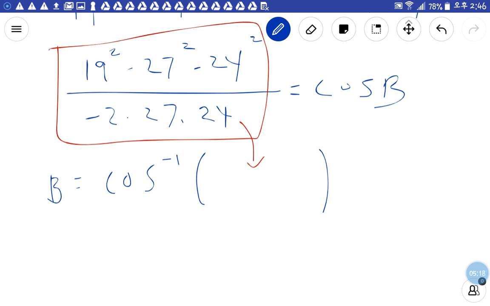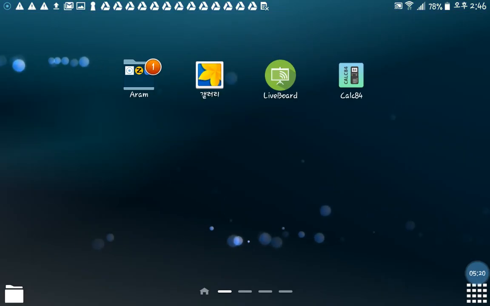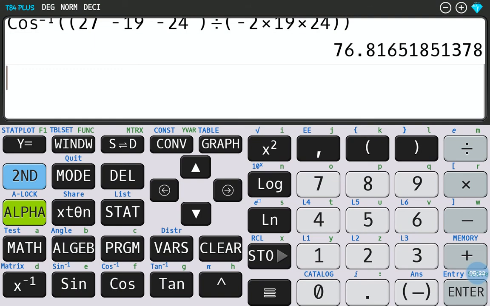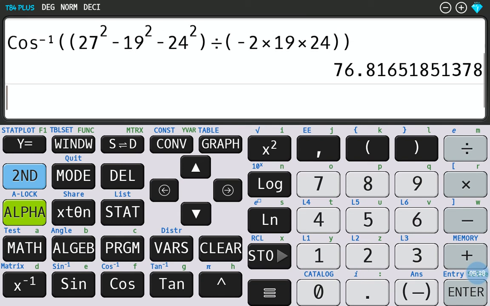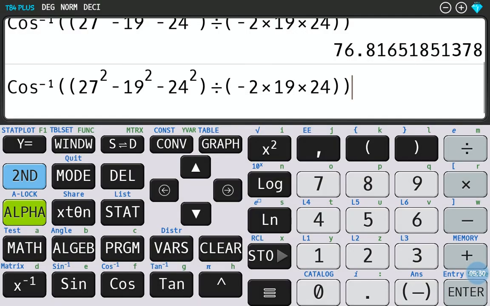Please use your calculator. I want you to copy this one down. Let me just change the number.